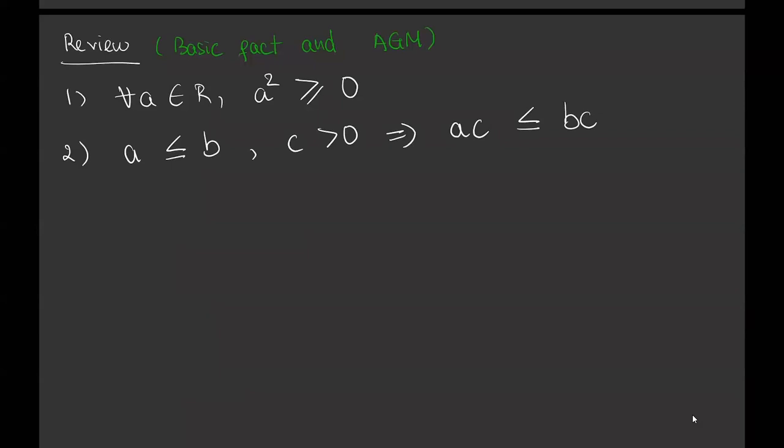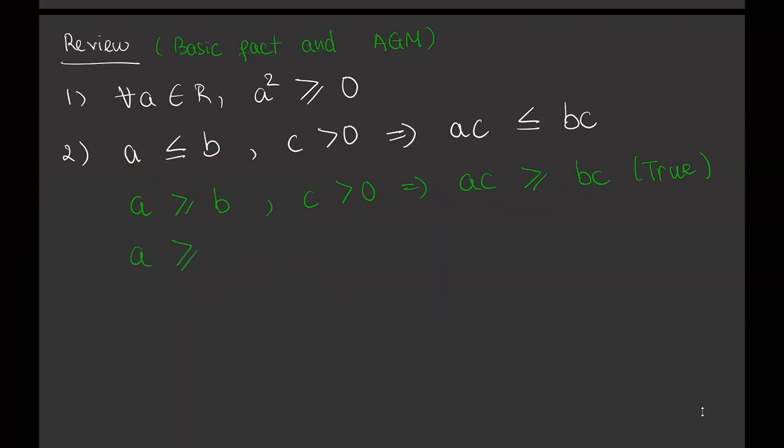I want to ask you, if you have a greater than or equal to b and c is greater than 0, is it true that ac is greater than or equal to bc? Is this one true or false? Yep, true, because you can just think the a here is in the b position, and the b here is in the a position.